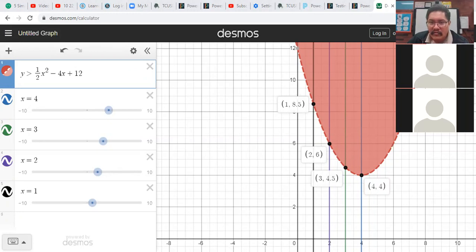And then over 2a, so 2a is 2 times 1/2, which is 1, so 4 over 1 is 4. So you would still get the same number that we did on Desmos. So I know it's over 4, up 4.